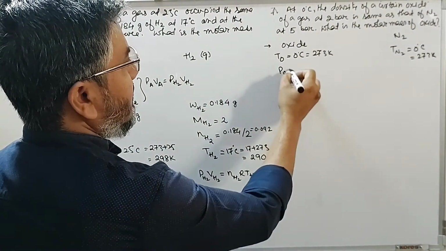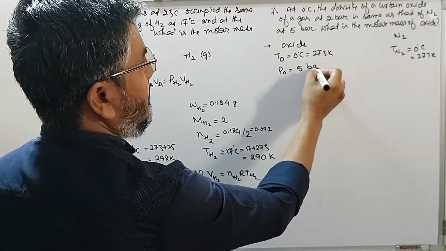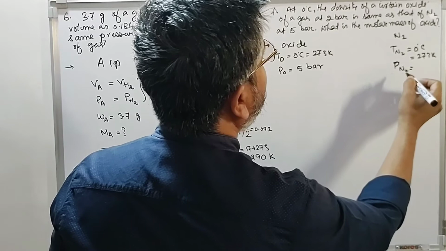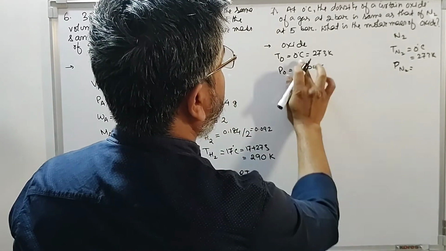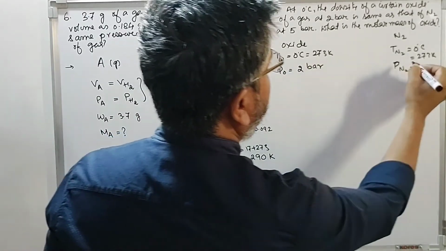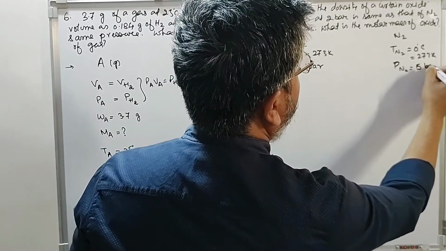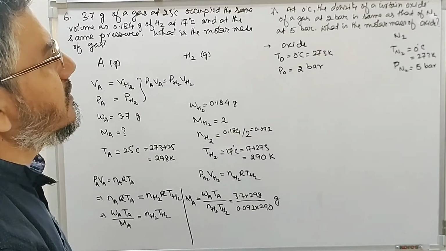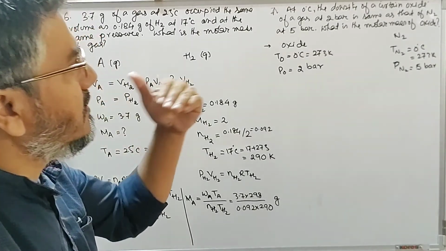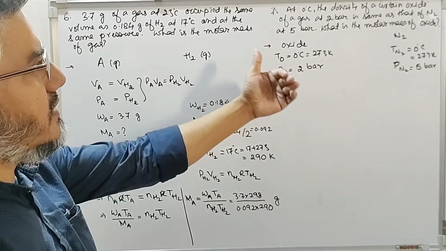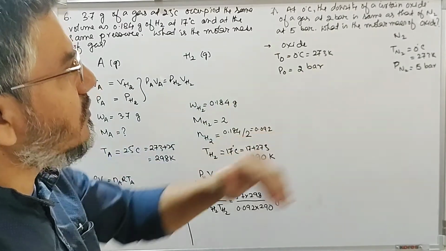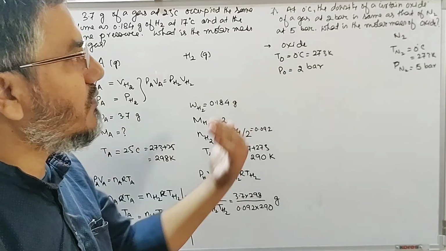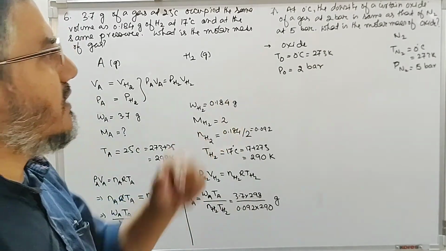Pressure of the unknown gas, sorry, this is 2 bar. Pressure of nitrogen is 5 bar. Now the question says the density of this unknown gas at 2 bar is the same as the density of nitrogen at 5 bar. What is the molar mass of this unknown gas?